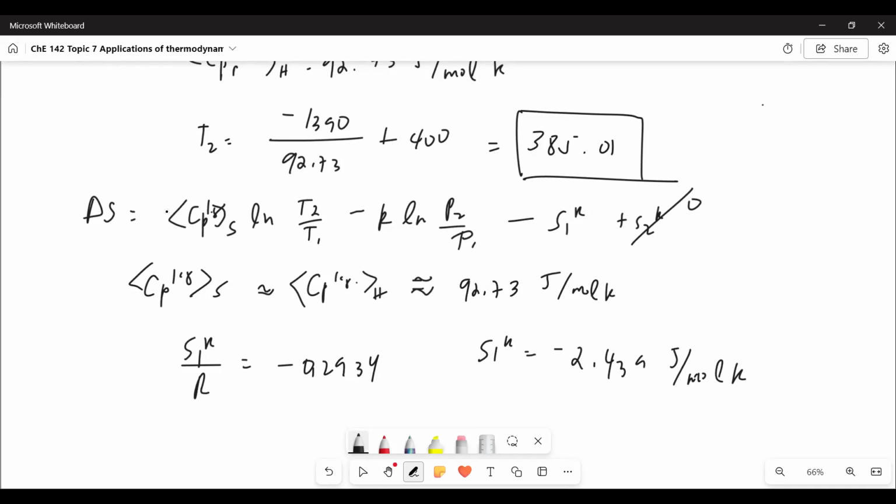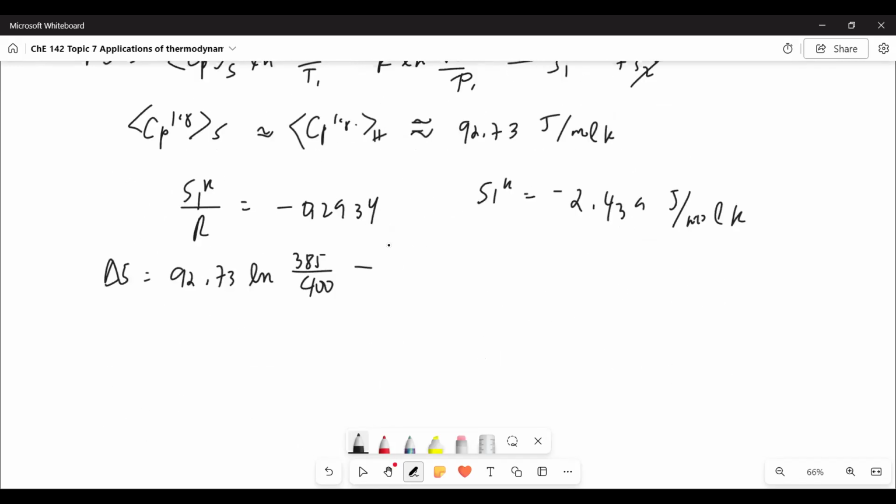So now we have this value. We can now substitute the equation of delta S. That is 92.73, that's our mean heat capacity, times ln T2, 385 over 400, minus R ln P2 over P1, negative 2.439.